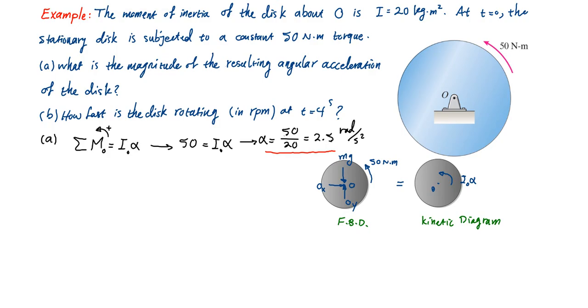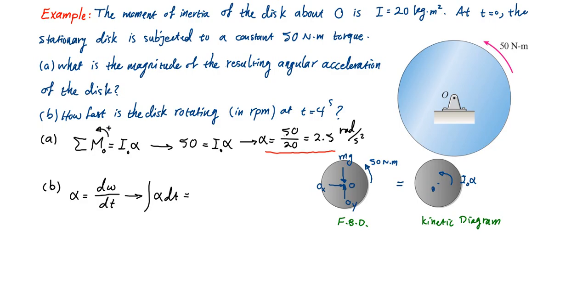Now, to find the answer to part B, how fast is this rotating? Well, for now, just forget about RPM. Let's find out how fast the disk is rotating. So for angular velocity, what did we have from kinematics? We had alpha, angular acceleration, is equal to the time derivative of angular velocity. Hopefully you remember this from kinematics.